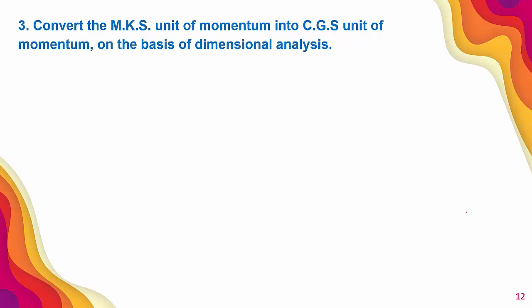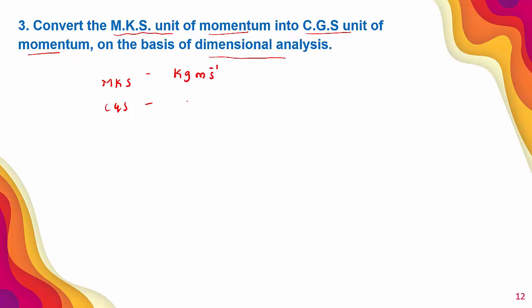What is the example? Convert the MKS unit of momentum into the CGS unit of momentum on the basis of dimensional analysis. I will give you its unit in MKS as well as in CGS. In MKS, linear momentum is measured in kg meter per second.